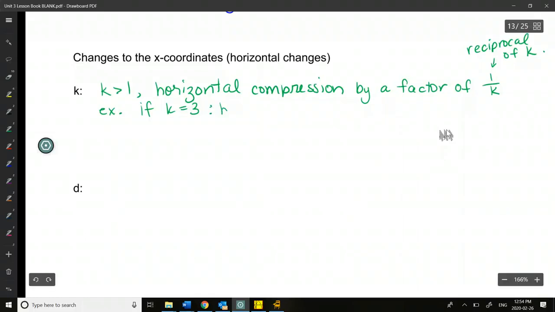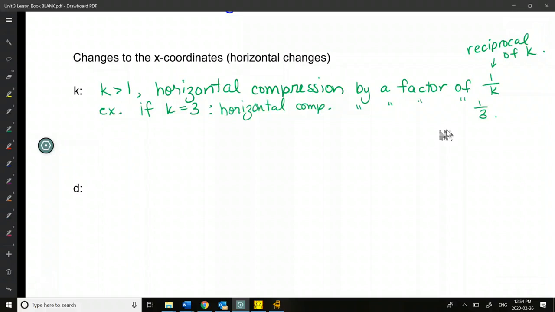So we would say horizontal compression by a factor of 1 over 3. With K, once we state the transformation and do the actual calculation, we're going to use its reciprocal. So K is kind of like, you always have to do a little reciprocal thing with it.